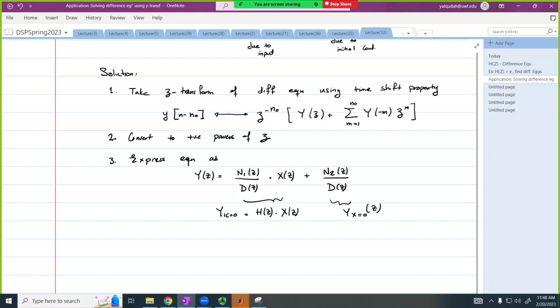Okay. The fourth step, I'm going to substitute for X of z and take the inverse z transform. Okay, let's see what all this means.